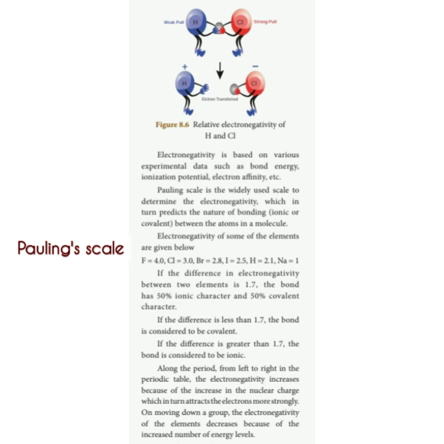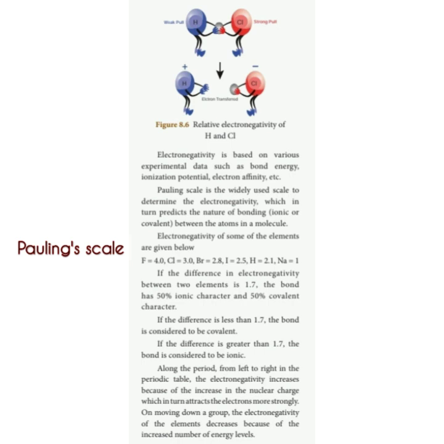The electronegativity value is based on various experimental data such as bond energy, ionization potential, and electron affinity values. Pauling is the scientist who gave a scale to determine the electronegativity value, and whether the bond is a pure ionic bond or a covalent bond. By using the Pauling scale value, we can easily determine what type of bond it is, ionic or covalent.